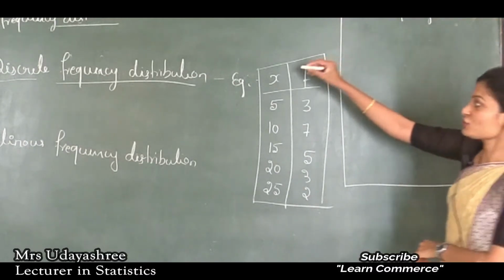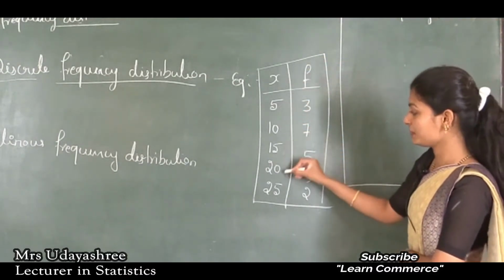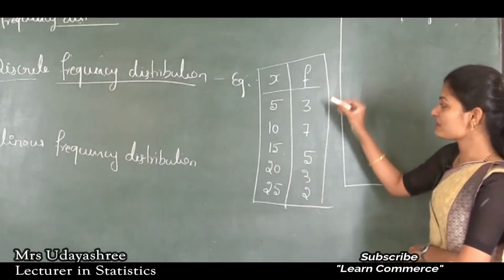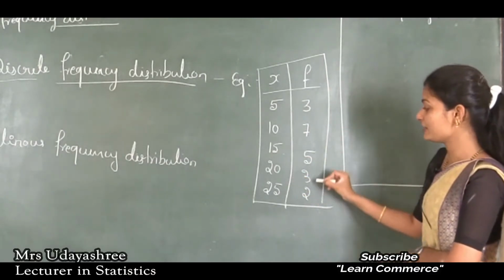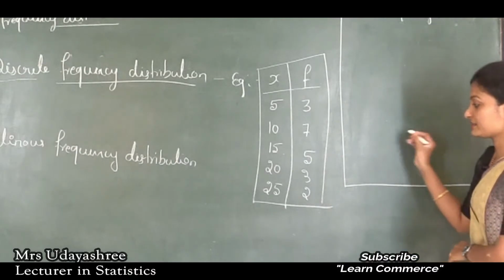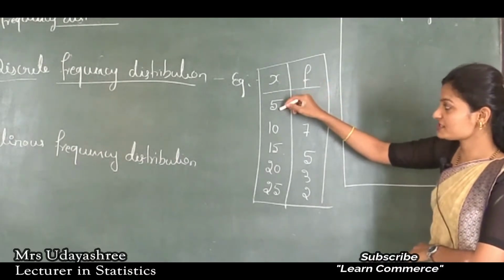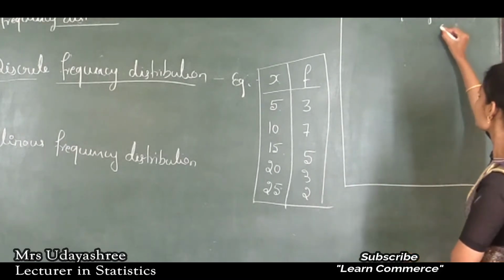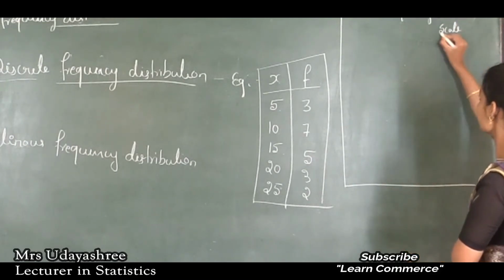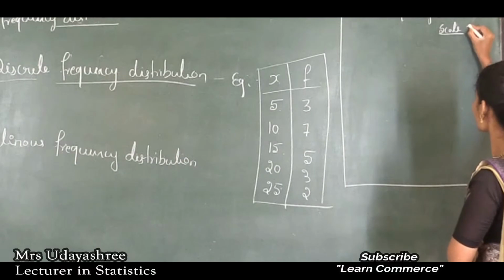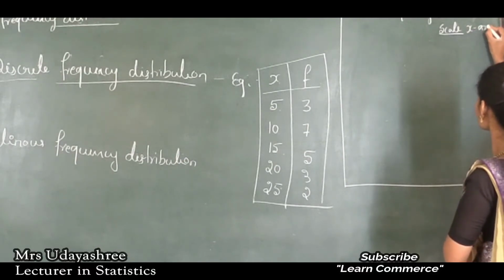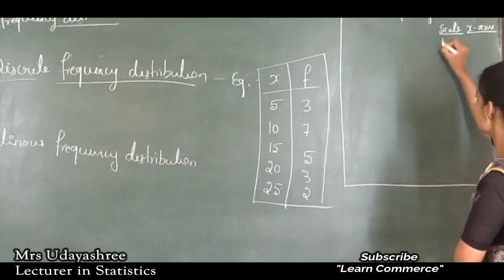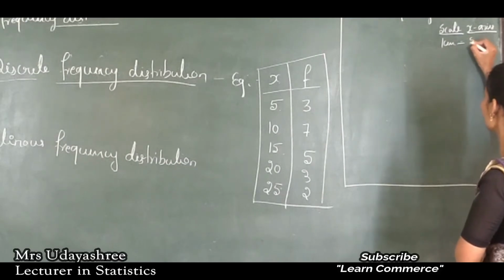Next, the x observations are 5, 10, 15, 20 and 25, and the f observations are 3, 7, 5, 3 and 2. Therefore, the scale for the x-axis is 1 centimeter equals 5 units.